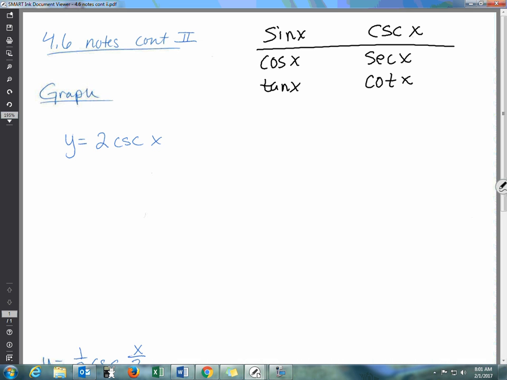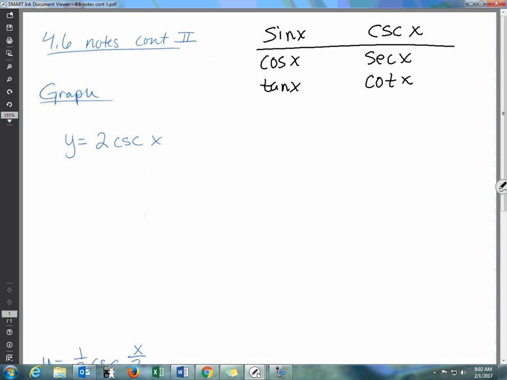Okay, so just like in my other videos, everything is still the same as far as for sine. So your A is out in front. So your A is amplitude. Well, you already know that. A is amplitude, and so our amplitude for this graph is 2.